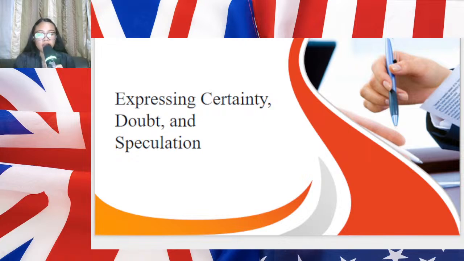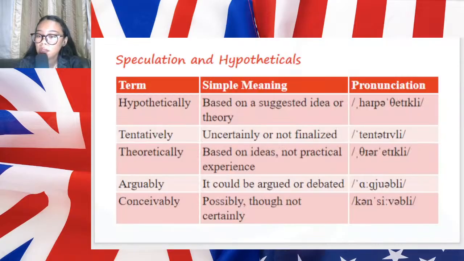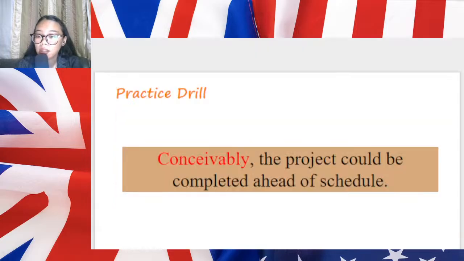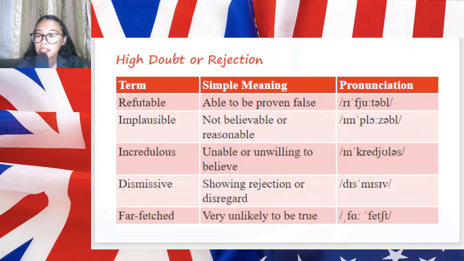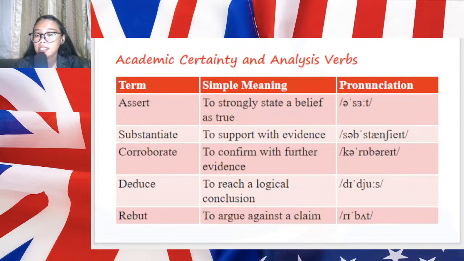All right. So in our next session, everyone, we will continue with the other 3 remaining sets of terms. Let's see what those terms are for a moment. Terms under speculation and hypotheticals, high doubt or rejection, and academic certainty and analysis verbs.